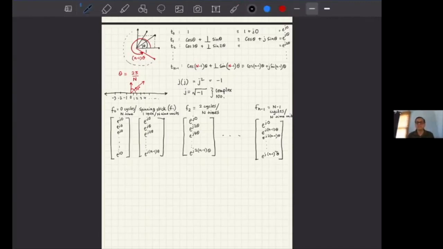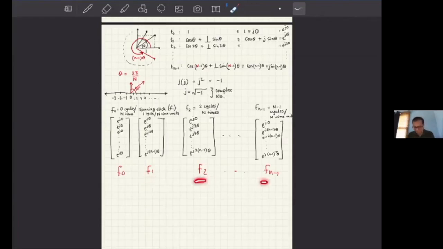Fourier, very interestingly, made the observation that these frequency vectors that we can call f0, f1, f2, all the way till f n minus 1, are orthogonal. You take any two of these vectors, say f1 and f2, and do a dot product, it will be 0.